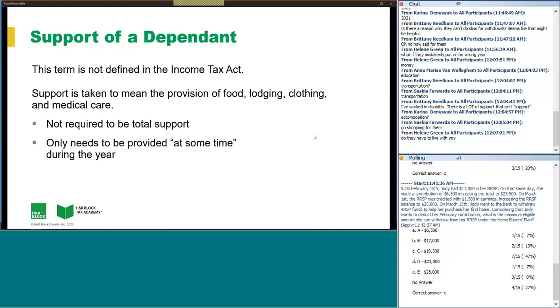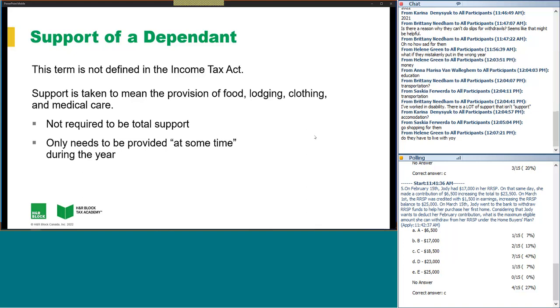Now we want to talk about relationships. Helene, do they have to live with you? No. Sometimes, yes, depending on the credit. Sometimes the credit will say they must live with you. Other times the credit will say no. Maybe you're not providing lodging, but you're providing food, clothing, and medical care. Maybe they live somewhere else, but you're contributing to the cost of them living somewhere else.